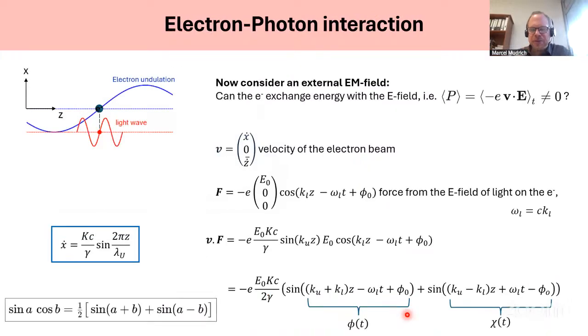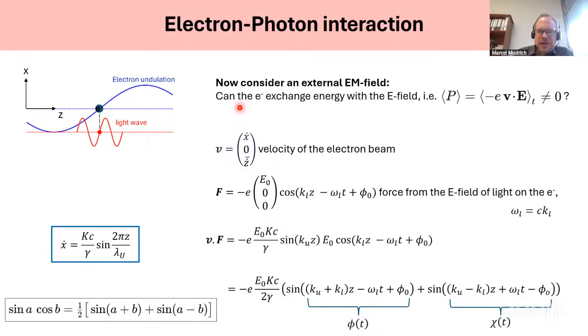Okay, so that's a repeat. Now we start with something new. What we do now is consider an additional external electromagnetic field. So we have the undulator motion, the undulation of the electron as it passes through the magnetic field, and we add an extra external light field.